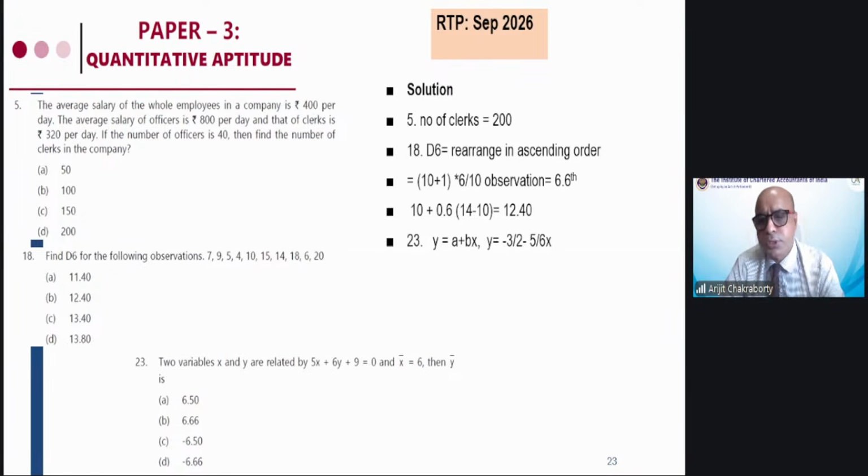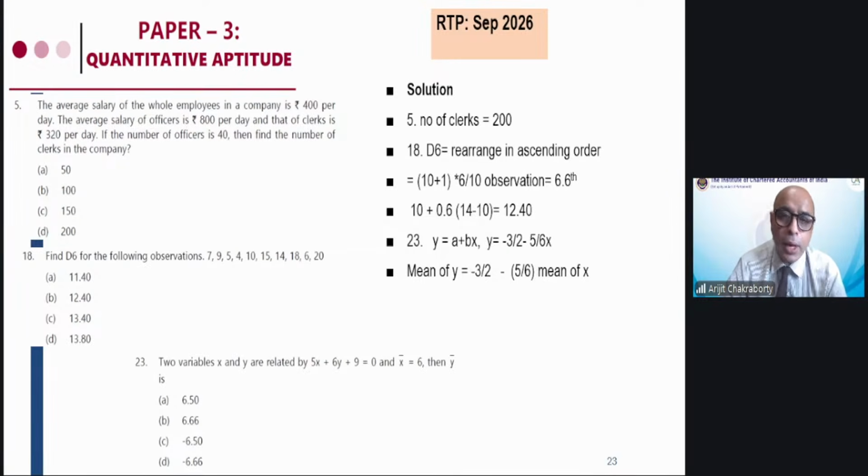23rd question, just rearrangement of the relationship which is given. Y equal to minus 3 by 2 minus 5 by 6 x. Since it is a question of mean, and mean is affected both by a change of origin and by a change of scale, working it out, the mean of y will be equal to first the change of origin, minus 3 by 2.